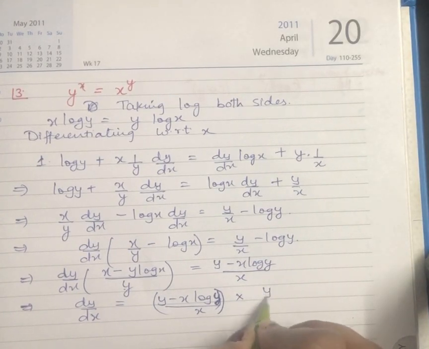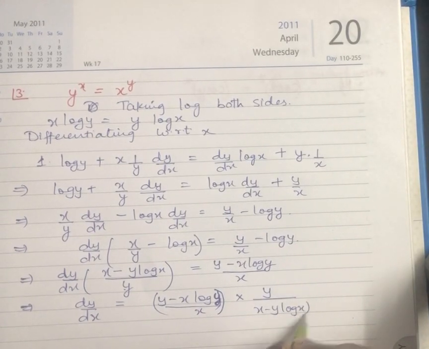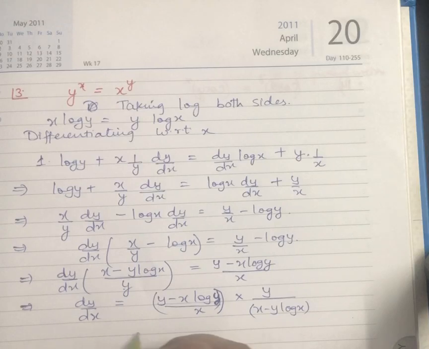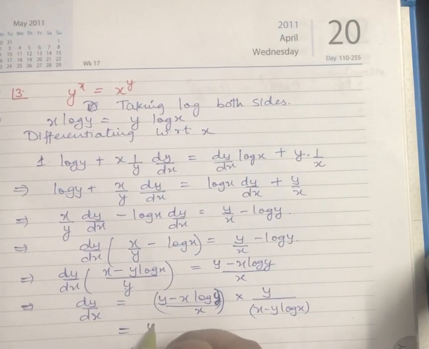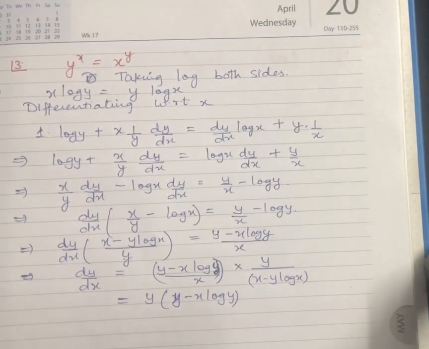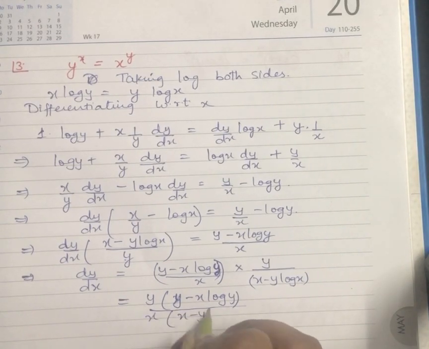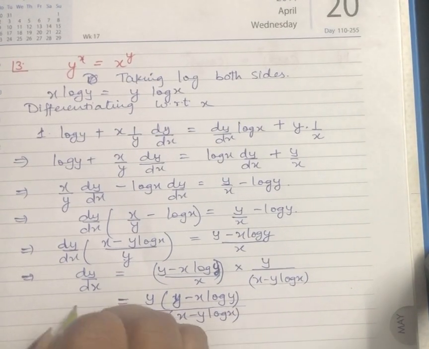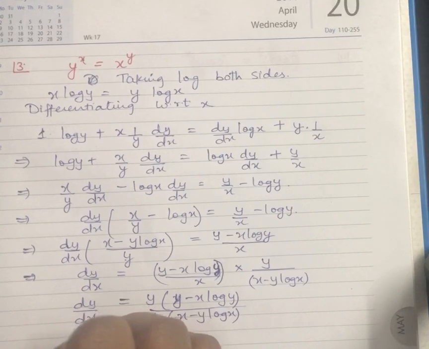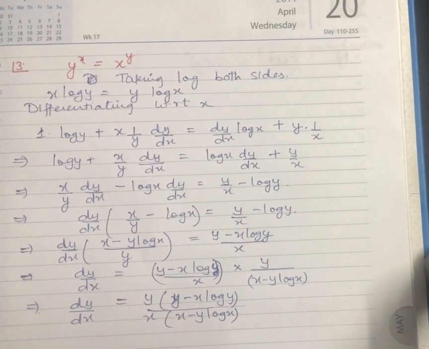It will become y upon x minus y log x. So that can be written as y minus x log y upon x minus y log x. This is our dy by dx. So this is the required differentiation.